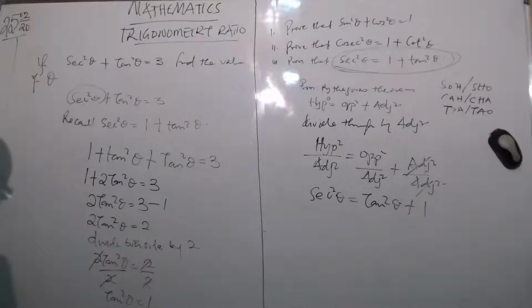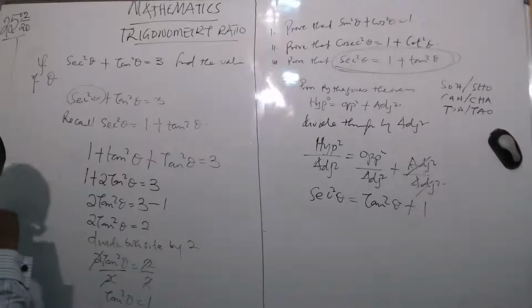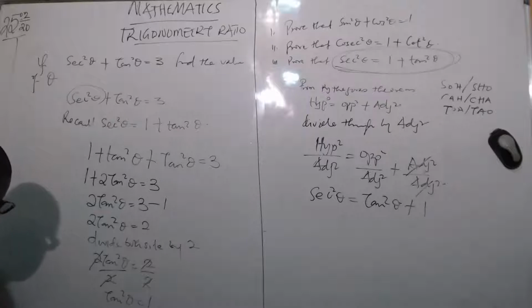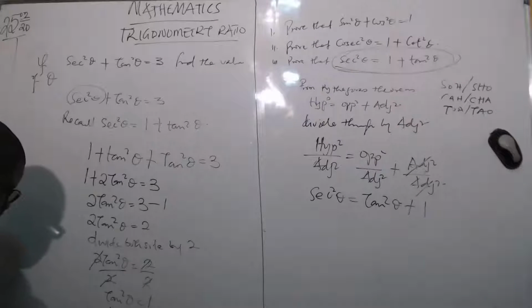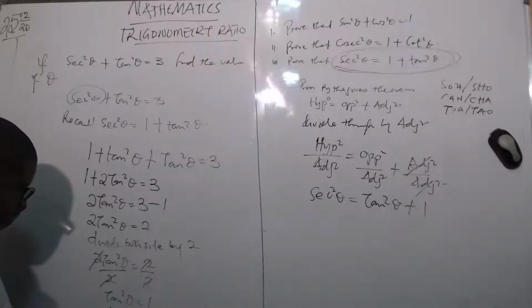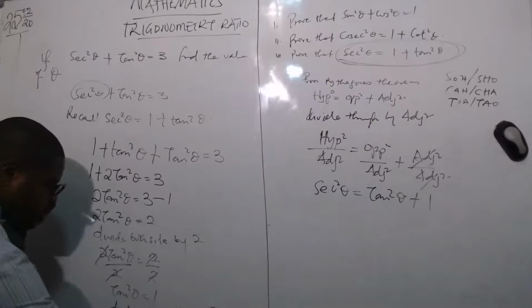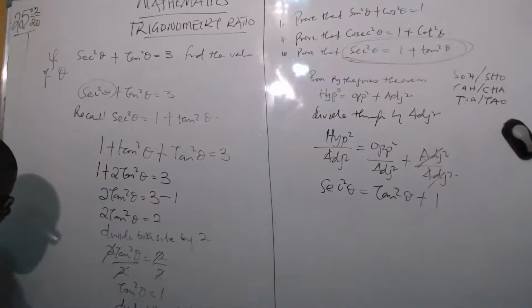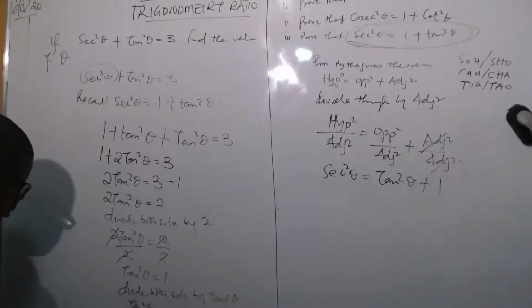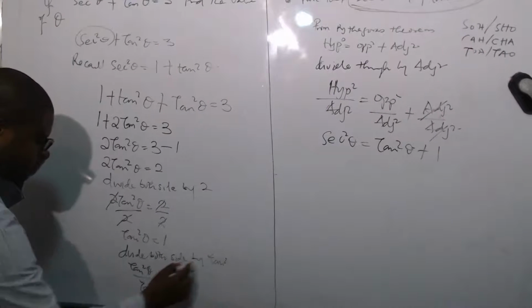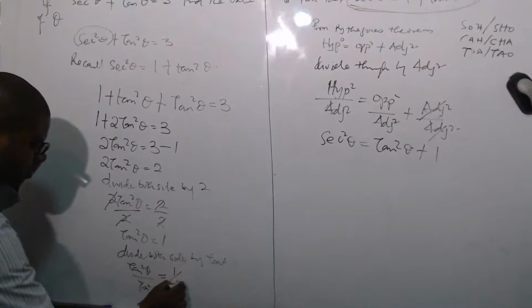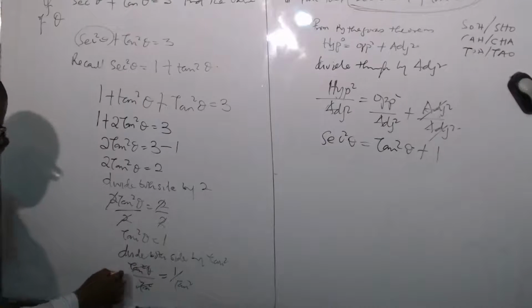Then having known that, we're going to take the inverse of tan, or better still, divide both sides by tan square theta. So I want tan square theta by tan square theta equals 1 over tan square. So this goes to this.